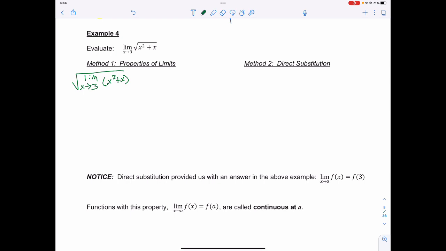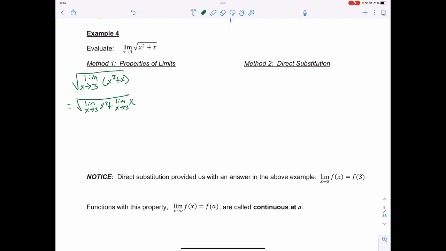Now, because I have a sum, I can use my rules for sums and say that this is the square root of the limit as x approaches 3 of x squared combined with the limit as x approaches 3 of x.